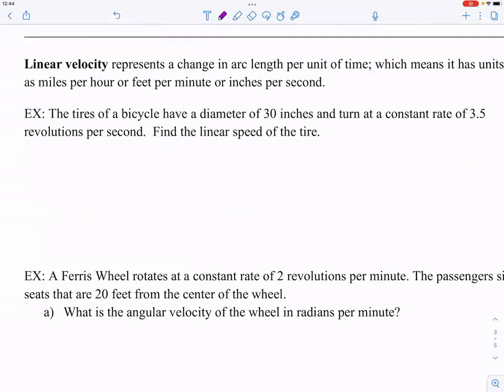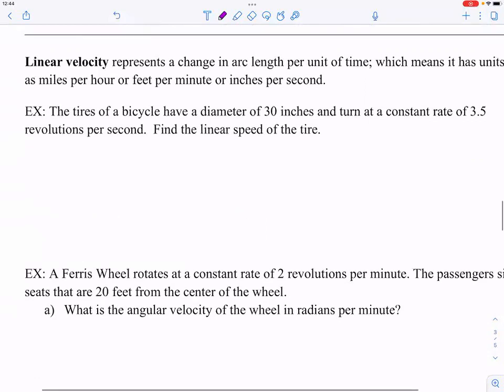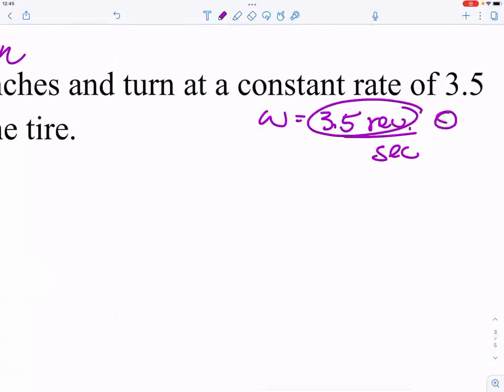Okay. All right, next up, linear velocity, change of distance, which will be the arc length, over time. So we have radius of 15 because the diameter is 30 inches. Now it says the rate is 3.5 revolutions per second. So find the linear speed. Now, we have the radian already. That means this is our theta, basically.